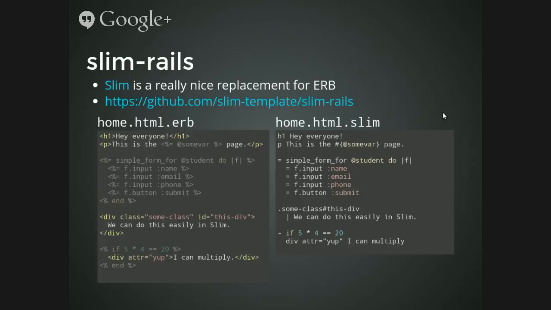So this is not all there is to Slim. There is more. I'm just covering the basics to get started. If you're running into some specific errors, check the documentation, which is pretty extensive. It's linked there. The reason why I mentioned Slim and I like it is because one, it saves time writing HTML, which is kind of a pain.